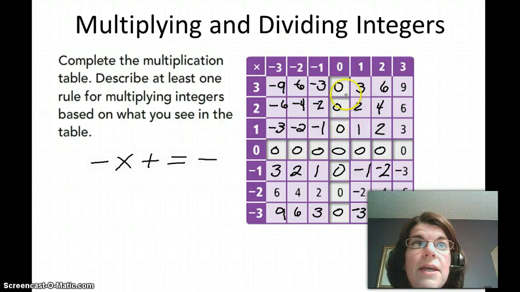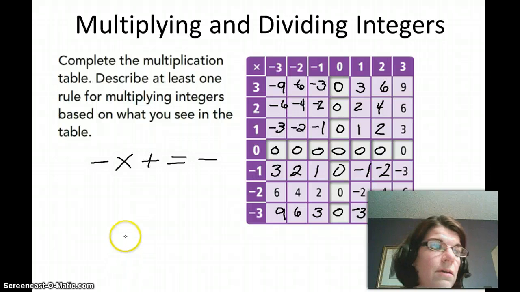All right? Now, a positive number times another positive number is always going to give you a positive. So you see that also in this lower quadrant over here, we see a negative times a negative is giving a positive answer.